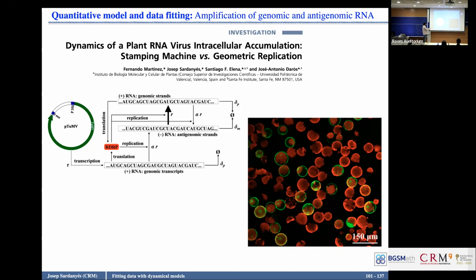Then we have the translation of the positive sense to synthesize the polymerase that will make copies from positive to negative and from negative to positive. Here we could do different models. And actually, in the references that I showed you, we have different models.